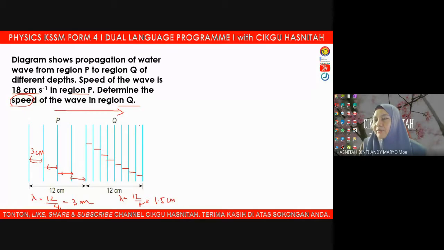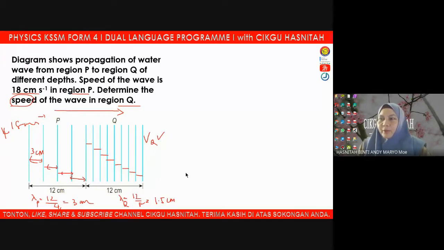Now you can find the speed. The given speed is 18 centimeter per second, VP. This is lambda P, this is lambda Q. So now we can find VQ. This is how we analyze the information given. Now you have lambda P, lambda Q and VP, so you can find VQ. What is the value of VQ, the speed in region Q?